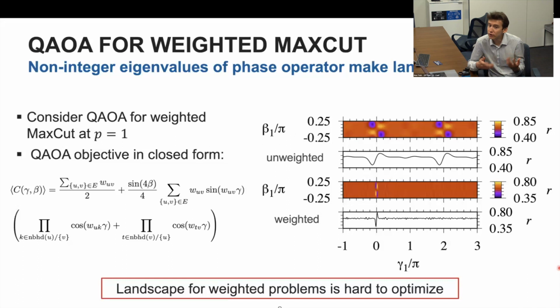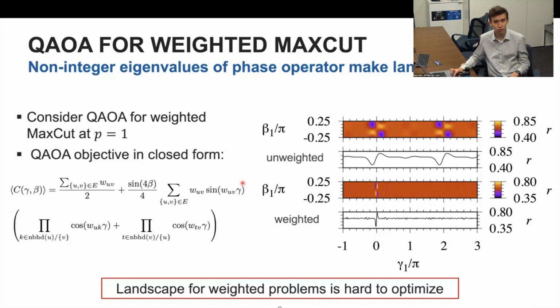You can get some intuition about why it behaves like this by examining the objective in closed form and noticing that you have all these sine and cosine terms in product. If all weights are unit, then they are roughly on the same length scale, so they come in and out of phase nicely and you get this smooth landscape.